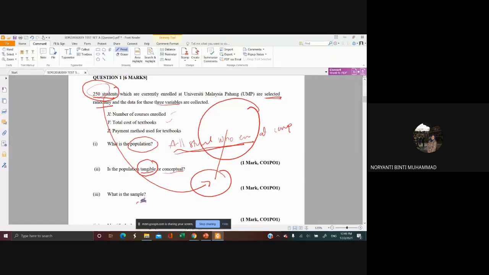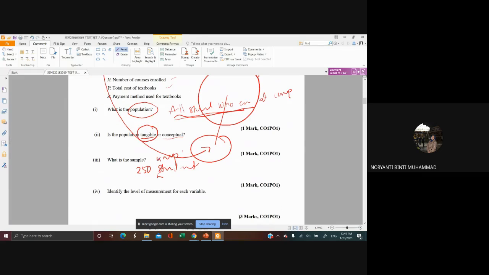So here your answer should be 250 students. More accurate, UMP students lah. Okay. Clear. How do you define it's a sample? Kita tak tanya, you tahu apa maksud sample? Kita tak tanya. But based on the situation, you should know what is the sample. Okay?